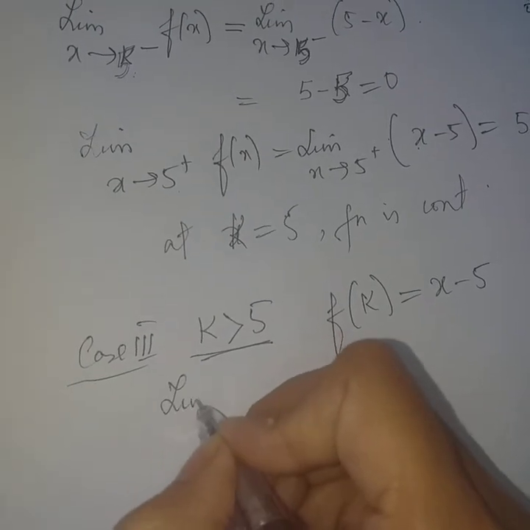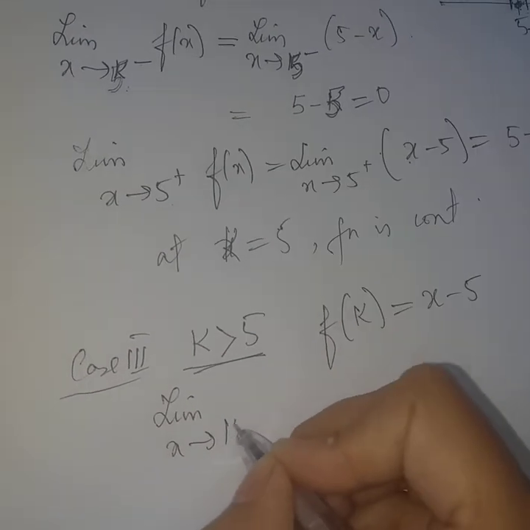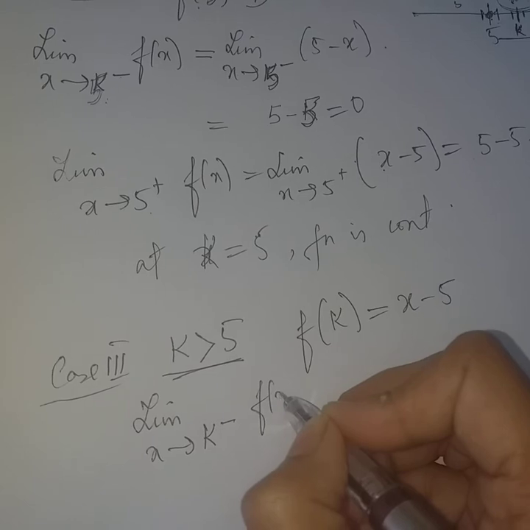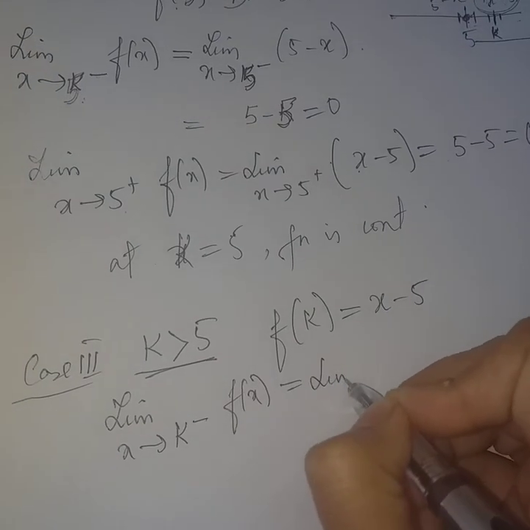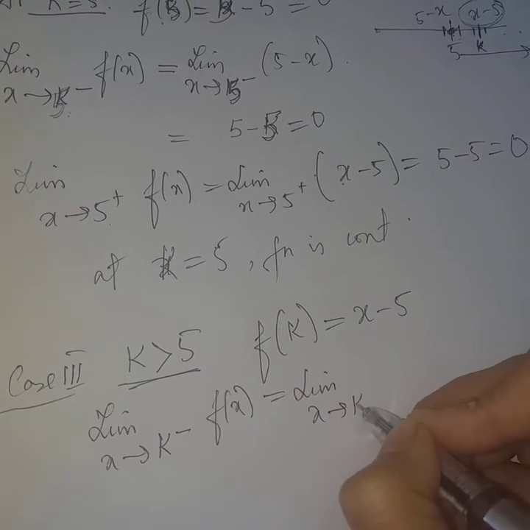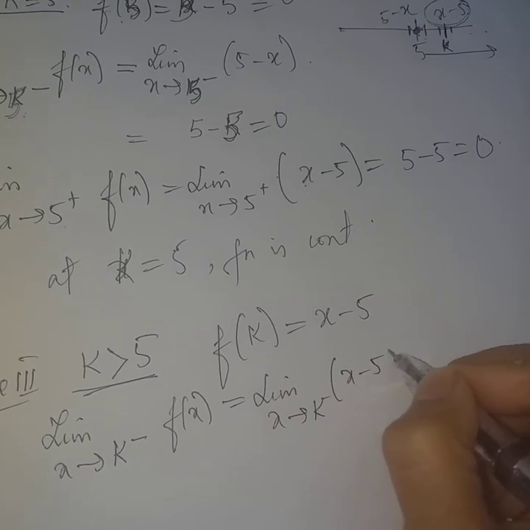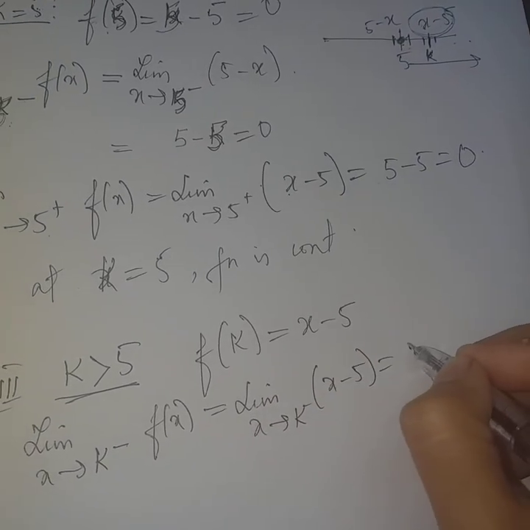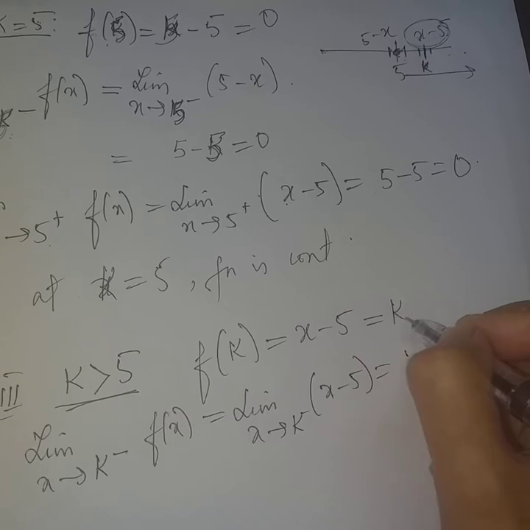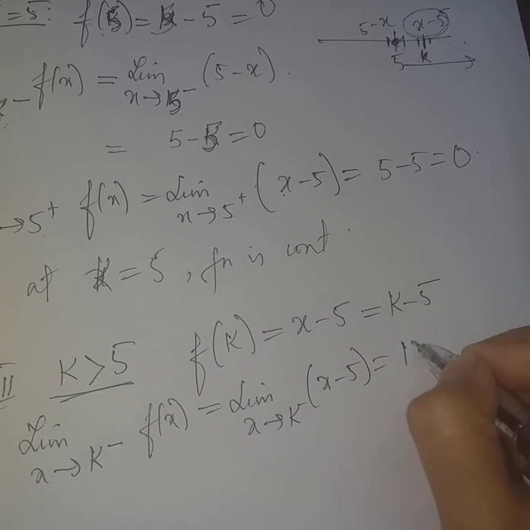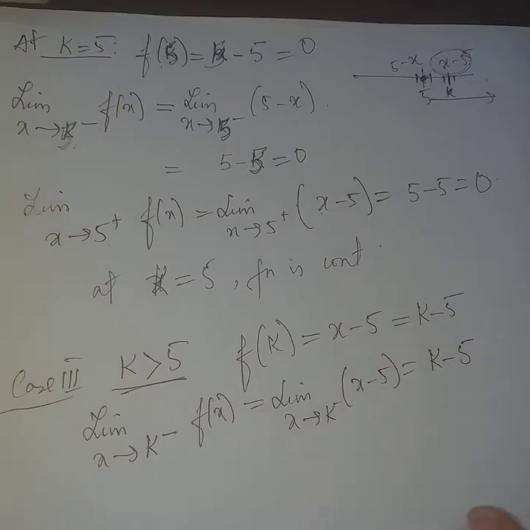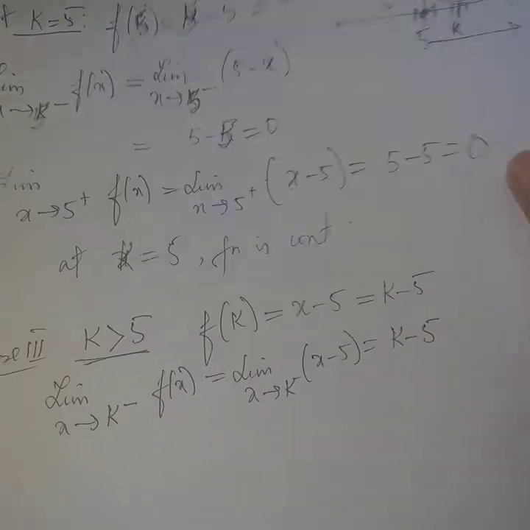If we take the limit as x tends to k minus of f(x), the function will be the same, x minus 5, with k in place of x.